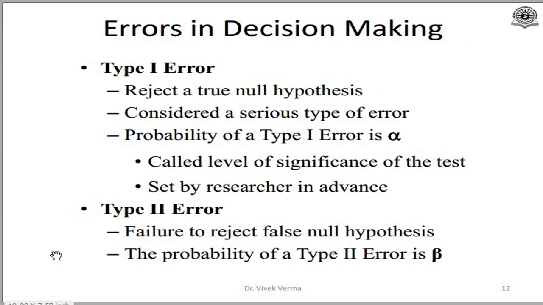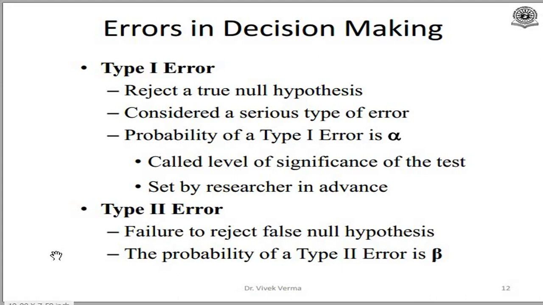While doing this procedure, there are two possible errors that can happen in decision making. The first is called a type 1 error. In that situation, we reject a true null hypothesis about our population. It is considered a serious type of error and is usually denoted as alpha, known as the level of significance, which is predefined by the researcher before doing the analysis.